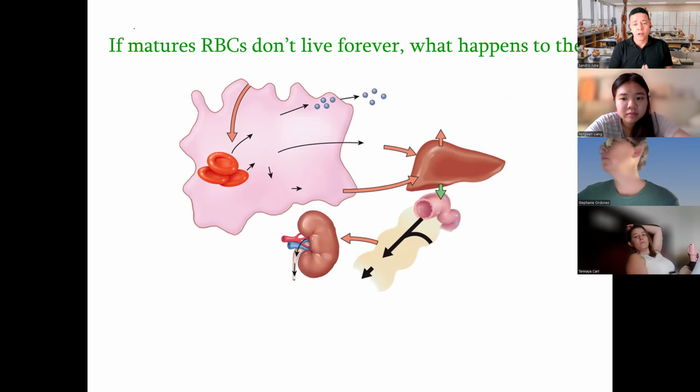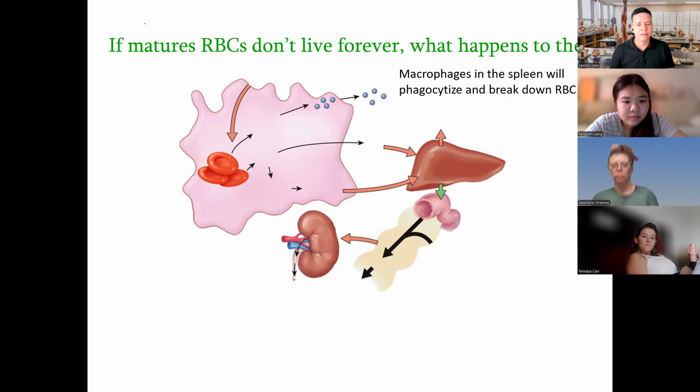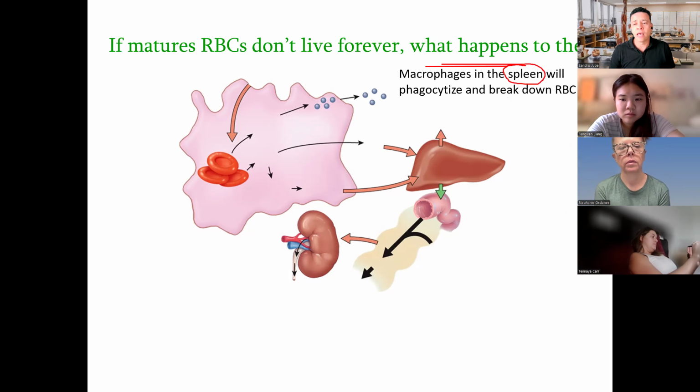So our body is going to take these red blood cells and recycle them. When the red blood cell gets all the way inside of the spleen, folks, this is one of the functions of the spleen, in fact. In the spleen, we have macrophages that will take the red blood cells and do phagocytosis of the old, worn out red blood cells. We're going to break them down.